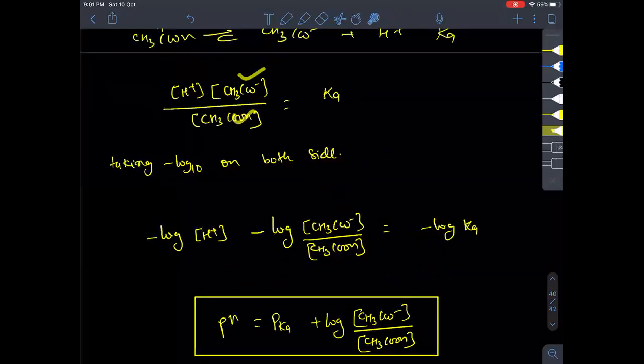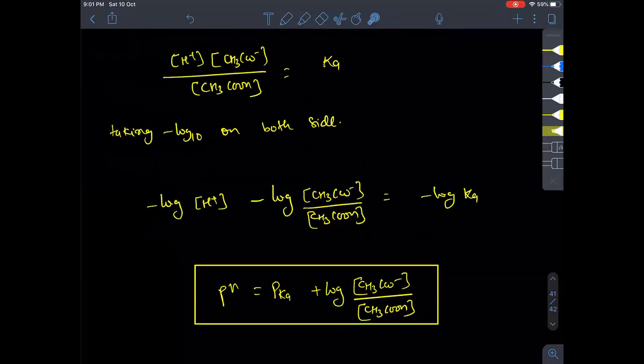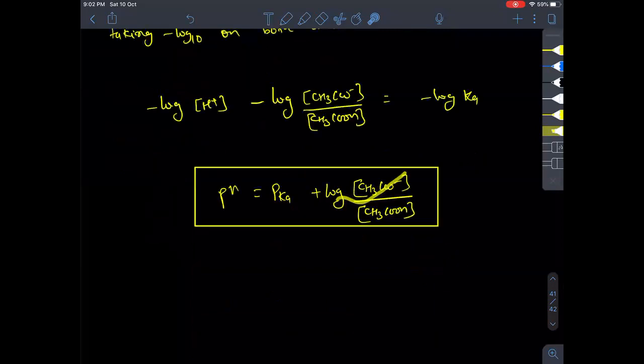You simply put it here and get the value of H plus, and accordingly you proceed. Otherwise, if you are accustomed enough, you can use this also. And this is mostly written like this, pKa plus log, because this conjugate base came from the salt. So sometimes people write, in many books you will see this expression, salt by acid. Right? But I may tell you this might be wrong in certain cases.